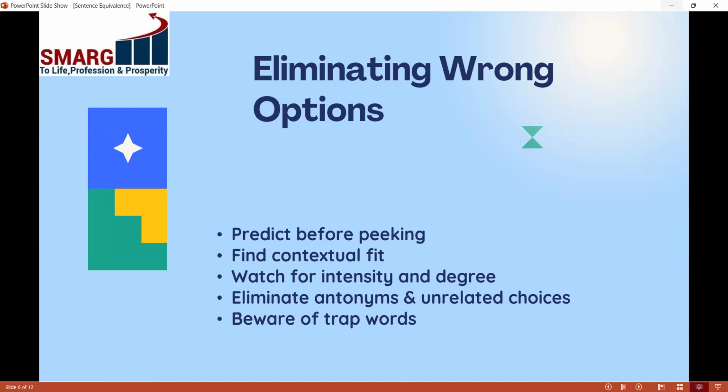But when it comes to sentence equivalence, take up 5 to 10 questions daily. Or if you feel that's a lot and you do not have familiarity with the vocabulary, then maybe you can take up 2 to 3 questions per day. But start doing this daily. Your speed will also increase and you'll be able to figure out what difficulty level you're comfortable with.